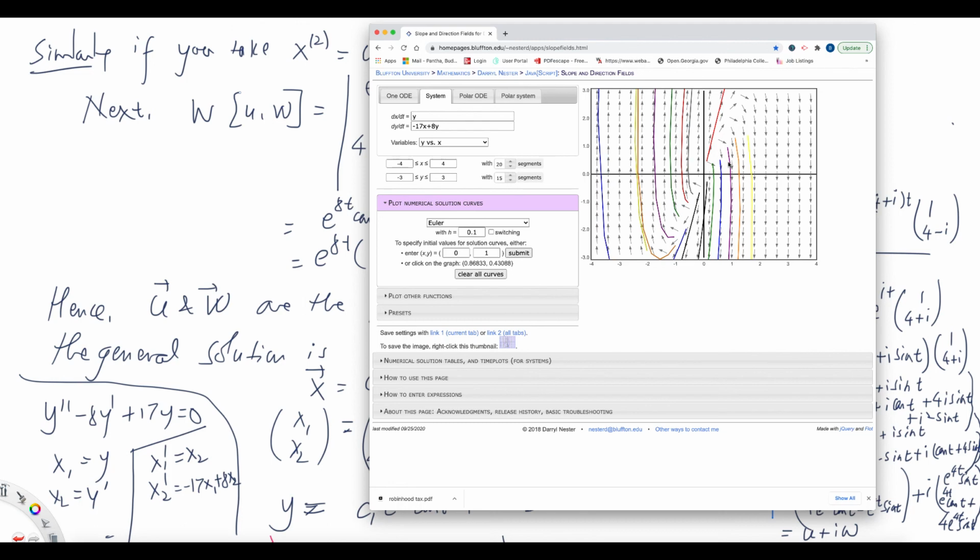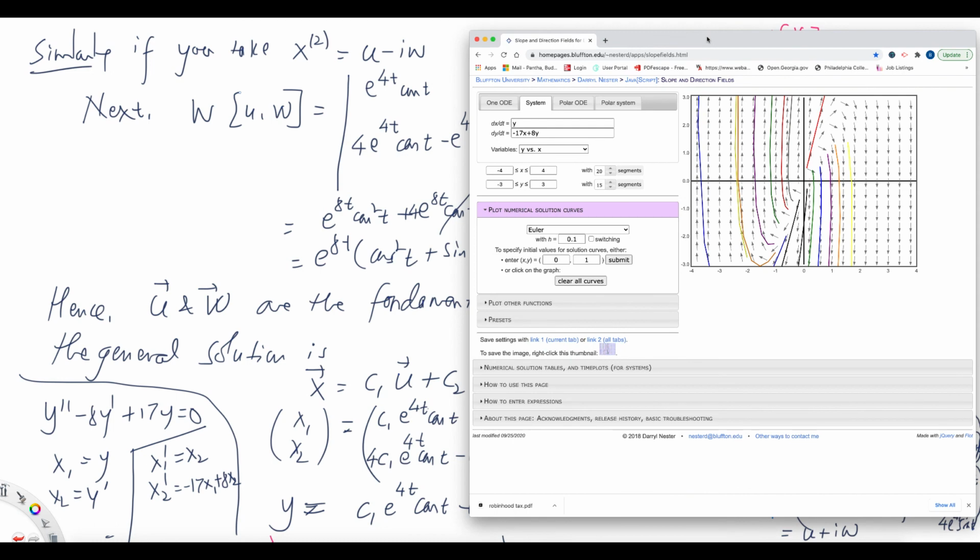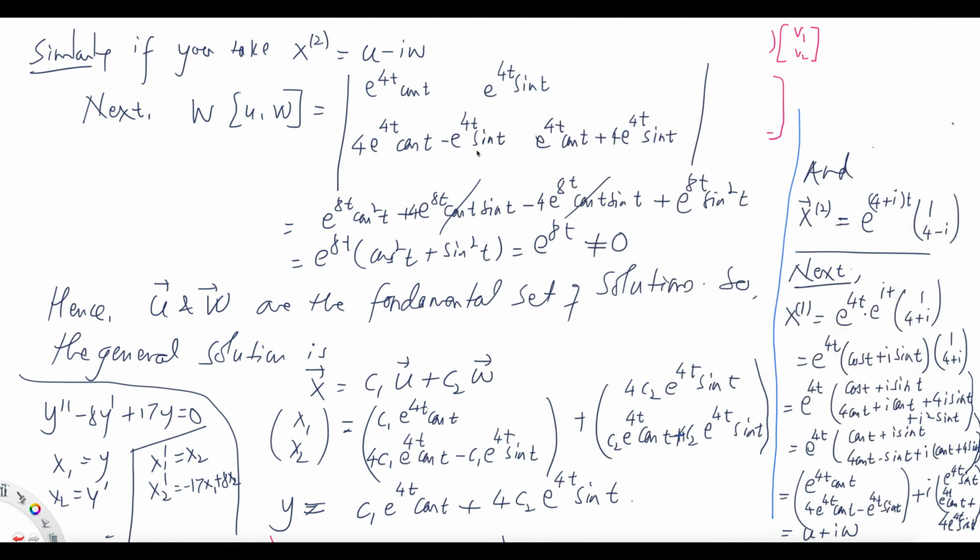But what is the idea behind the instability of this equilibrium 0, 0? This is because of our eigenvalues. Our eigenvalues were lambda equals 4 plus minus i, which is the same as mu plus minus i nu.